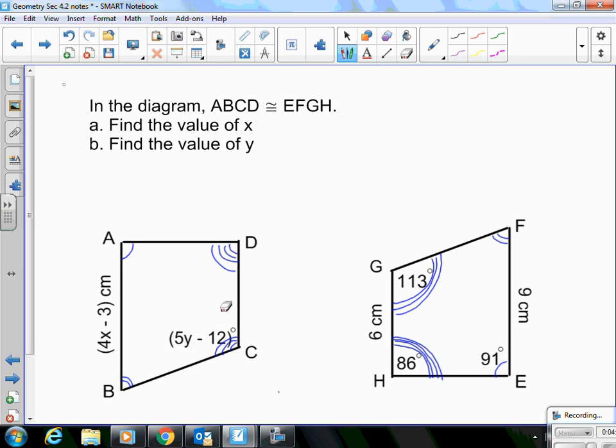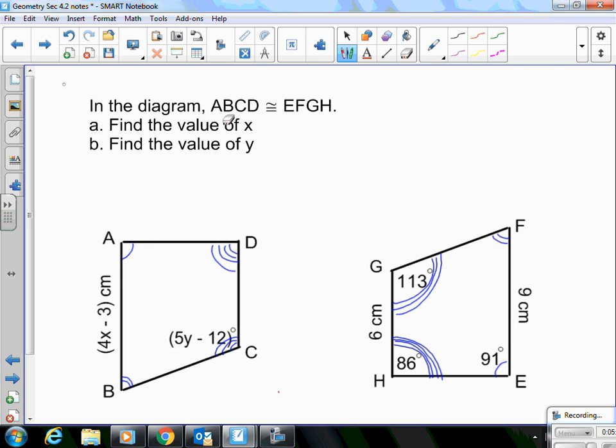So then you could also use these to determine what sides were congruent to what matched up. Side AB matches up with EF, and BC goes with FG, and CD with GH, and EH with AD.